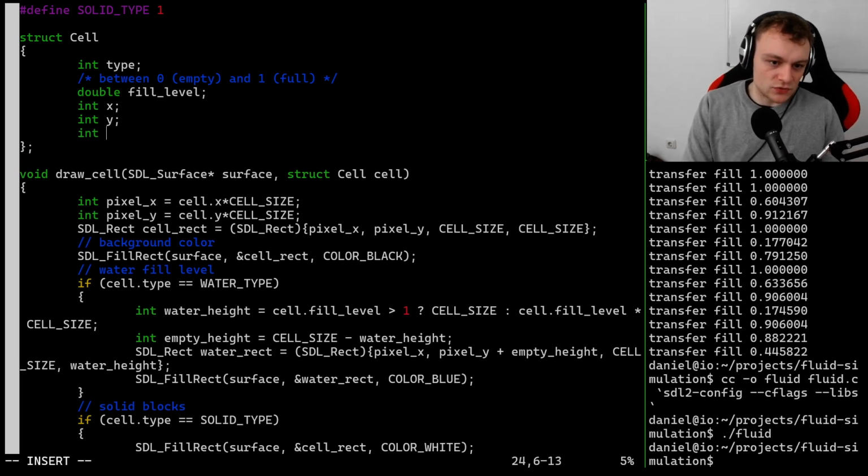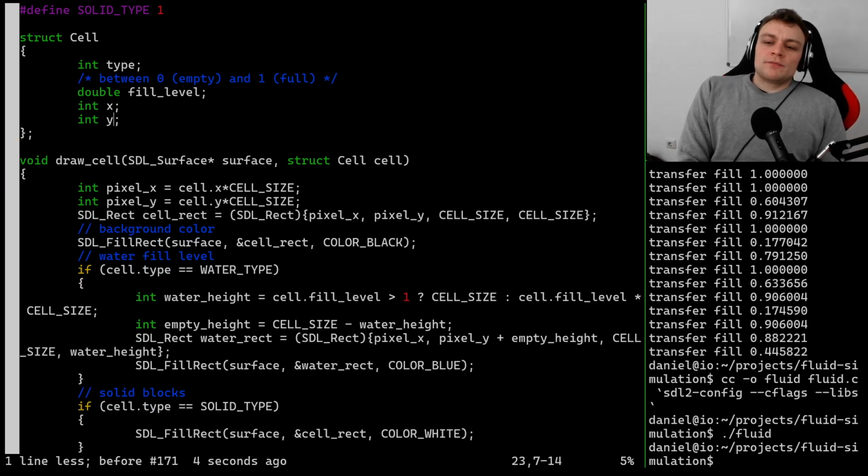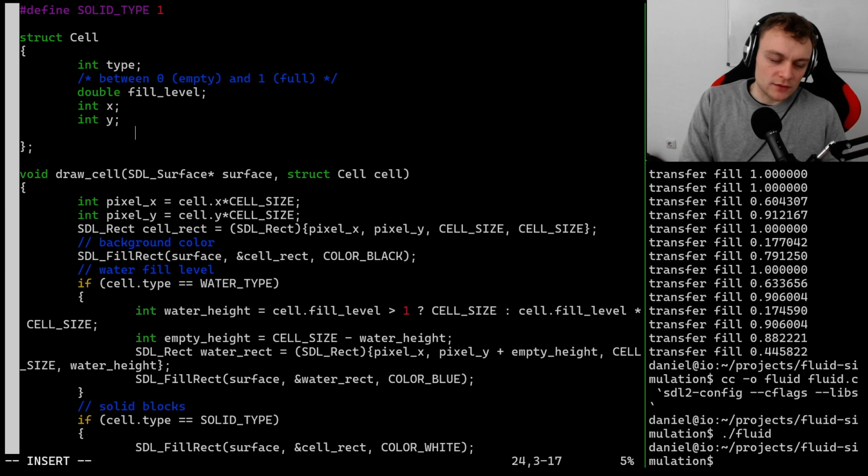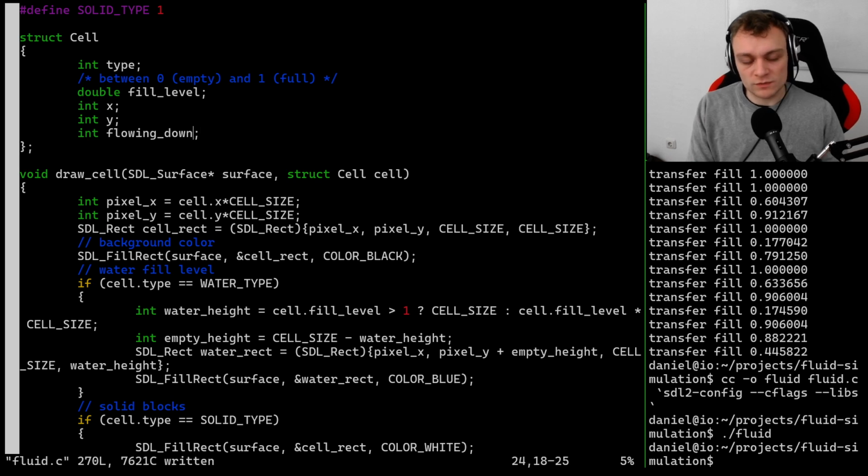Maybe it makes sense to, maybe we should have a... I'm thinking of many solutions now. Either we can introduce a new flag flowing down here. That would mess up pretty much all the definition of the cells that we have in the entire program. Or we could introduce a new 2D array, a new array that for each cell determines whether it's flowing downwards.